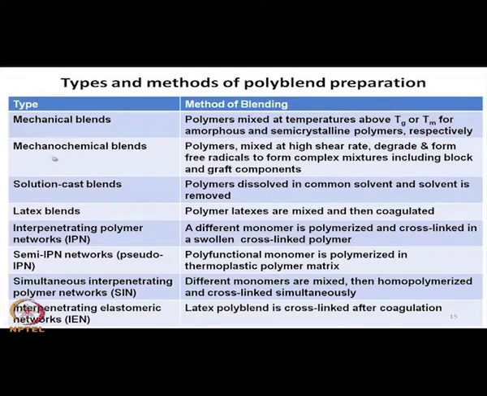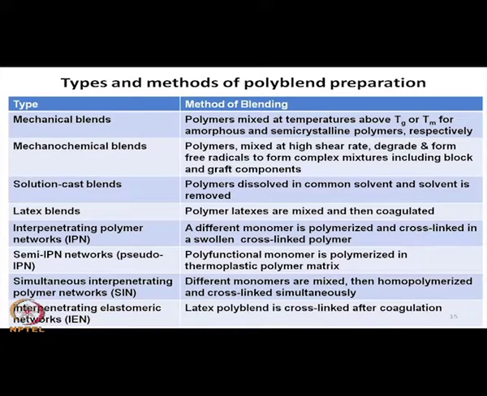by simultaneous application of mechanical shearing as well as some chemical reaction. So, mechanical shearing and chemical reaction both help mixing of the component polymers, and they are mixed at high shear rate.